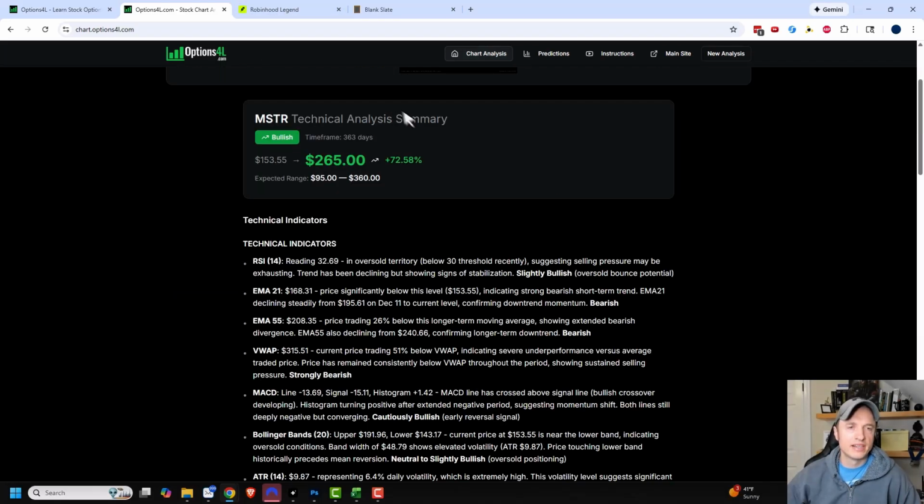All right, so the technical analysis has run, and it's projected to go to $265 within 363 days from now. So 72% increase. Our expected range is between $95 and $360. So if I buy the $100 strike price LEAPS option, then I should be on the bottom end of this expected range, which means that I have a lot of room to generate profit.